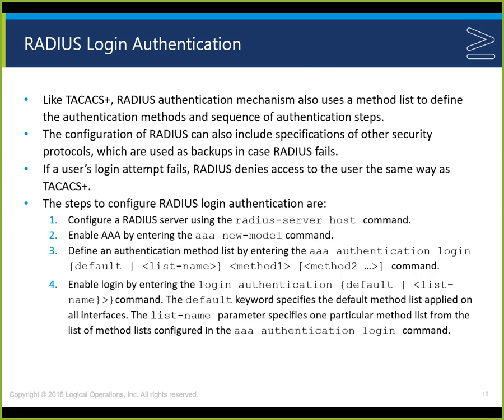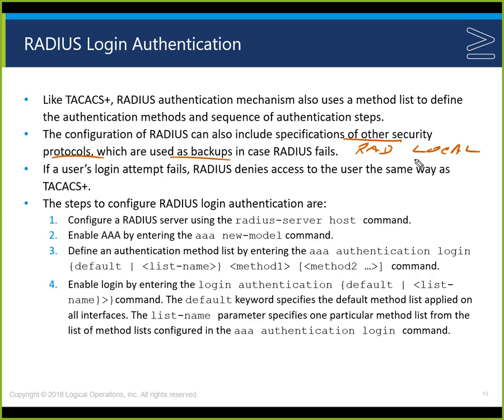Radius login authentication uses a methods list just like TACACS did. Configuration of Radius can also include specification of other security protocols to act as backup if Radius fails. So we had the group Radius, and then I used local. We didn't shut it down to see if it works.